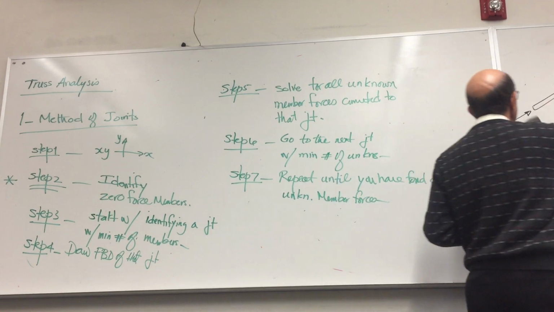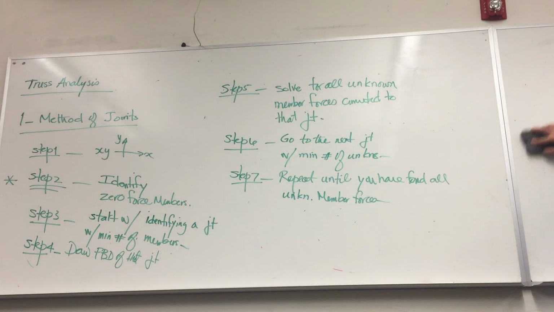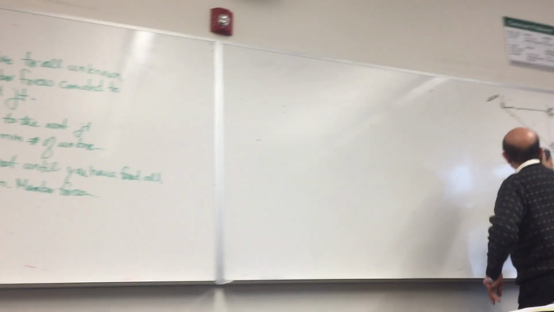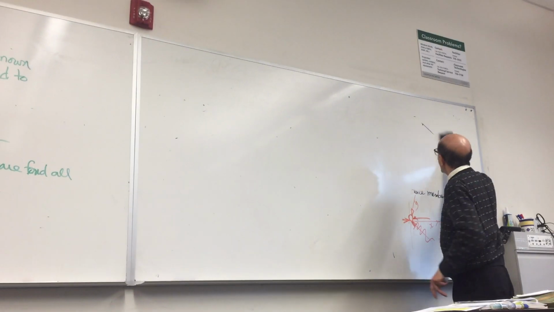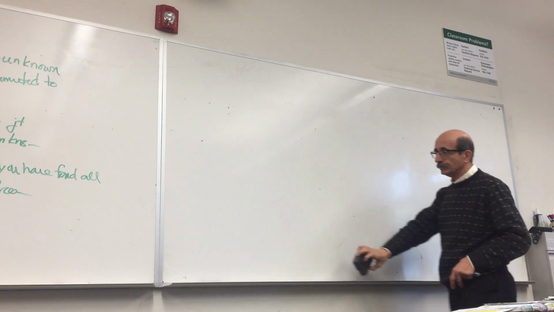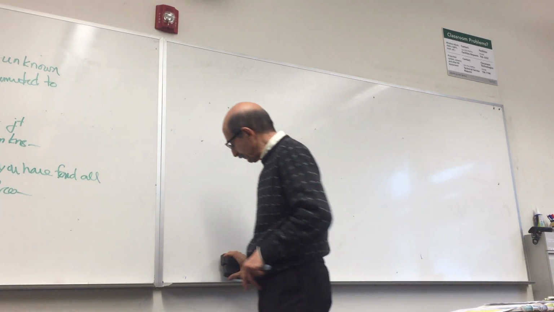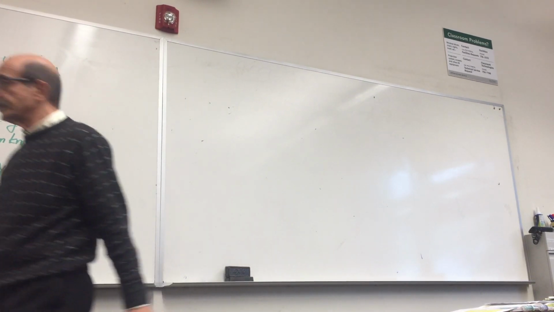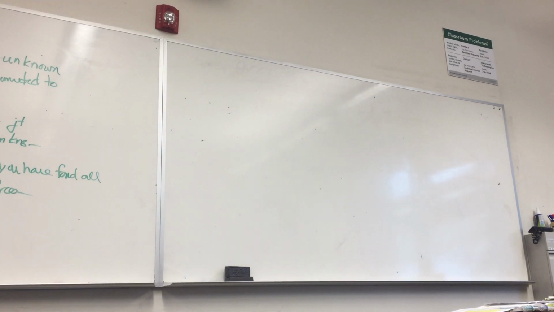You've noticed something. Some of you may have noticed something, right? You remember in frames, for the most part, almost all the time, you worried about finding also external reaction or support reaction forces. As you notice, in trusses, that's not necessarily part of the steps that you need to follow.